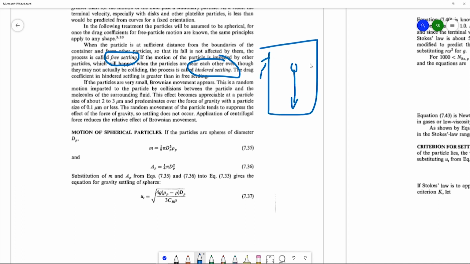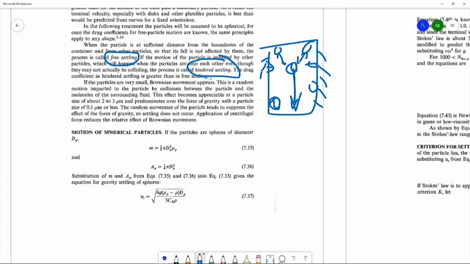Let's say this is wall. So it can easily settle down, right? Because of the external force. So there is no hindrance from this wall or any other particle. Let's say we have a lot of particles here in case of suspensions, but the distance between these two particles is so large that it does not affect the motion of the particle. So this is called the free settling.